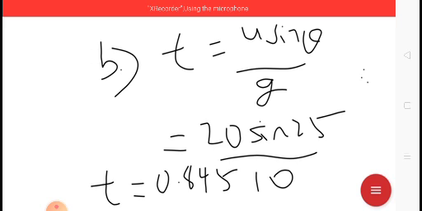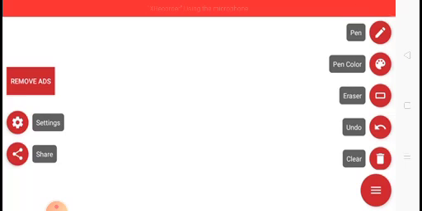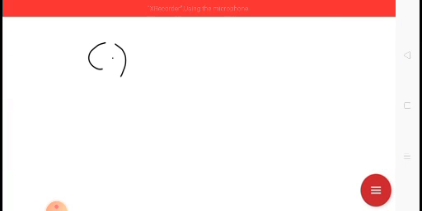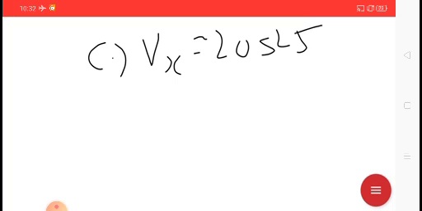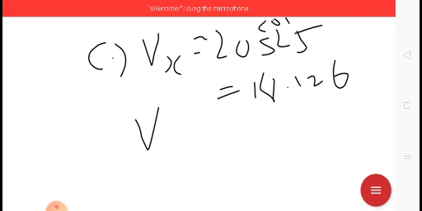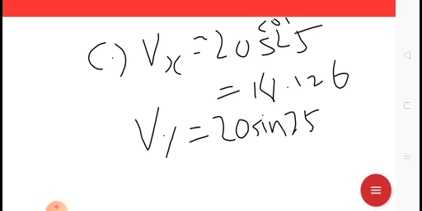And C, the speed of the particle when t equals 0.5. So you have the horizontal velocity equal to 20 cos 25, right? You have about 18.126, and you have vy equal to u plus at, where the a just turns to negative.